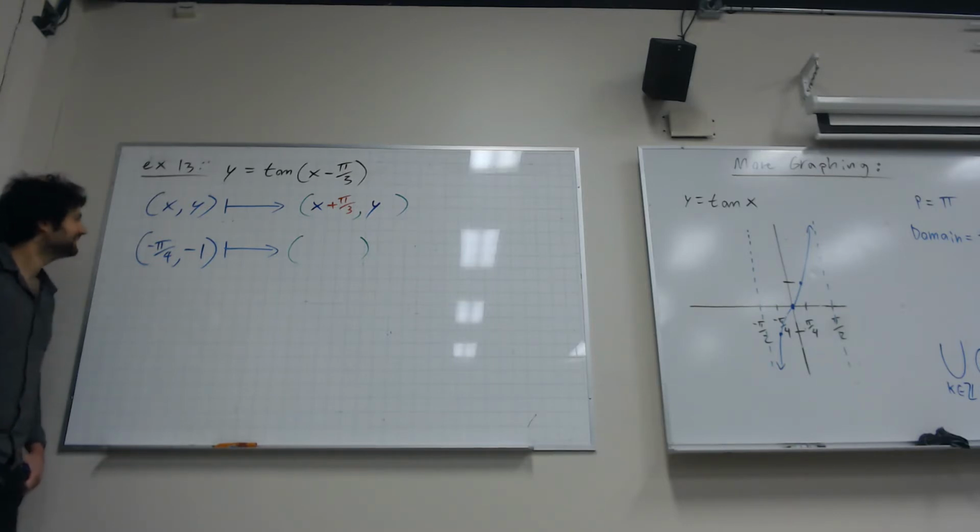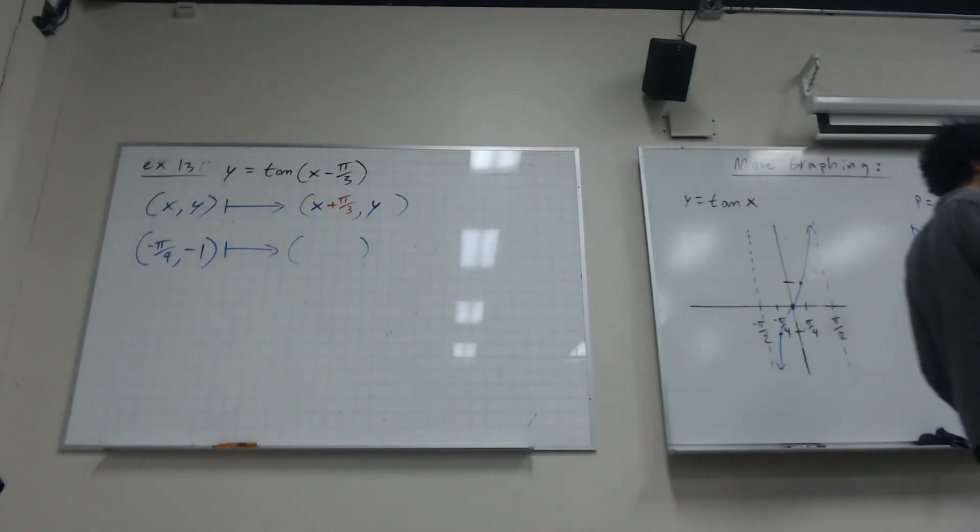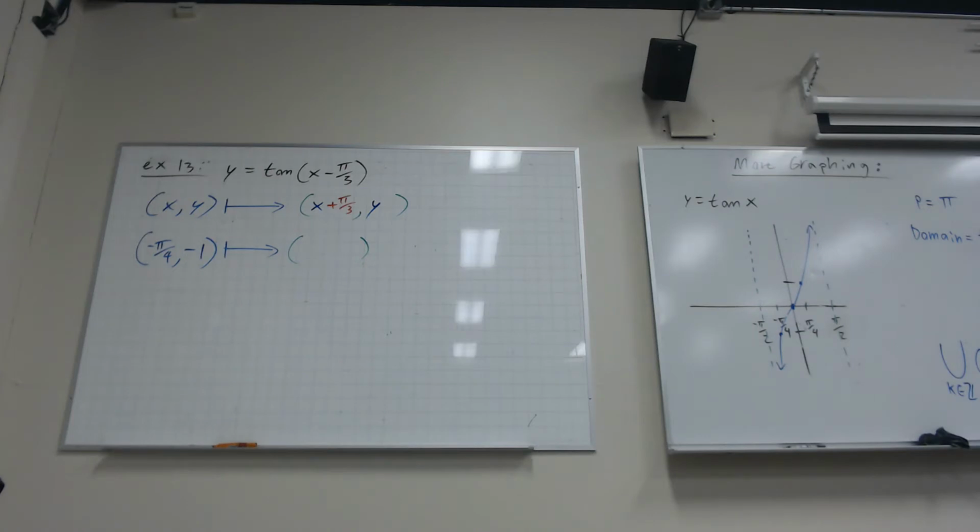Pi over 12. What's pi over 3 minus pi over 4?